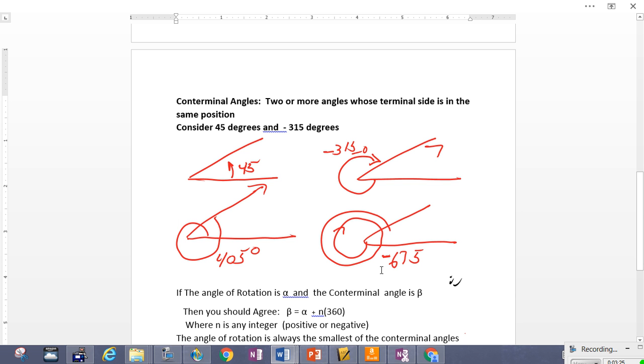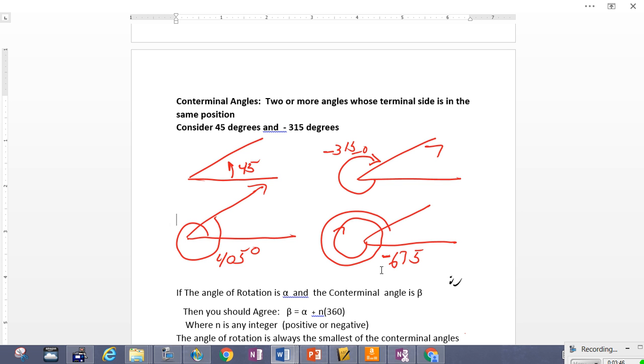Generally, for any angle that you're going to locate, you could have gotten there through any number of means, with a clockwise or counterclockwise orientation, of 1, 2, 3, or 100 different revolutions.